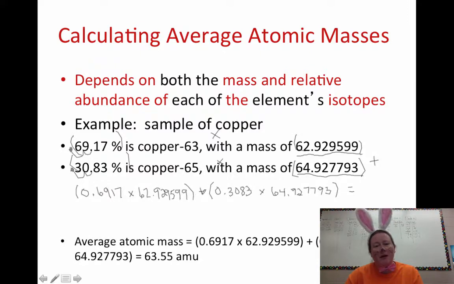All of these numbers, end parentheses, plus parentheses 0.3083 times 64. All of these numbers, end parentheses, equals, you will get 63.55 atomic mass units for the average atomic mass of copper. And this is what the periodic table says.